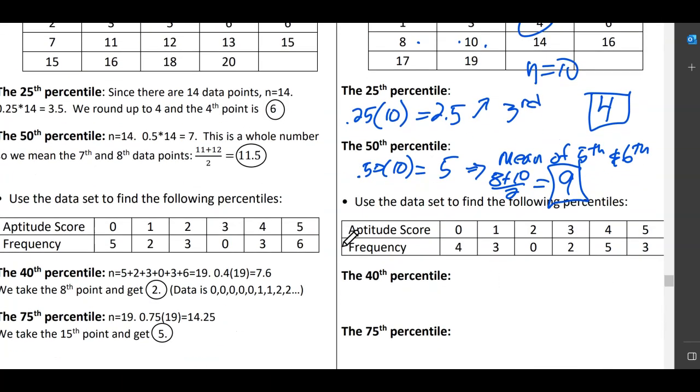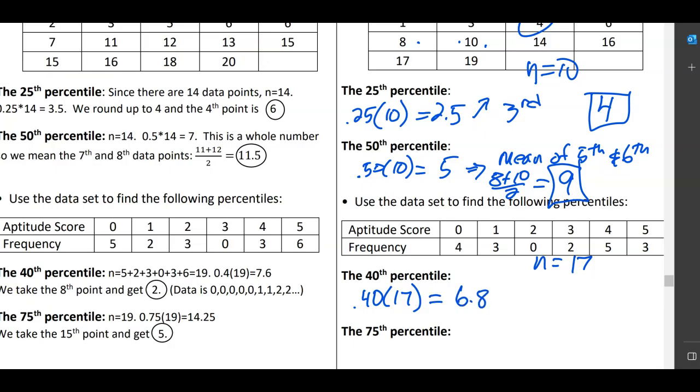Let's do the 40th percentile. 4, 5, 6, 7, 8, 9, 10, 11, 12, 17. Again, there's 17. This is the same data set. Oops, I wrote a 4. 40th percentile is 6.8.